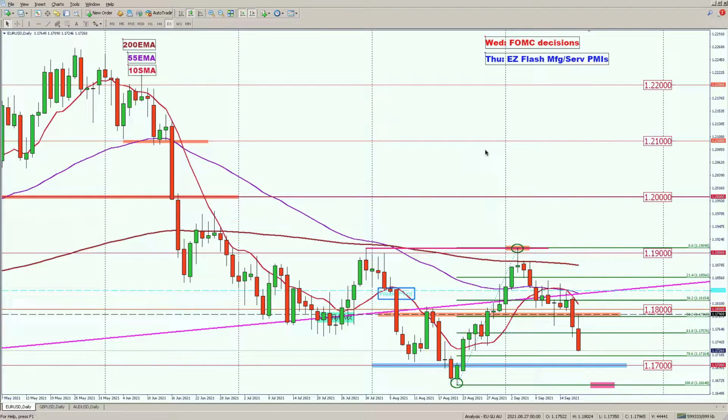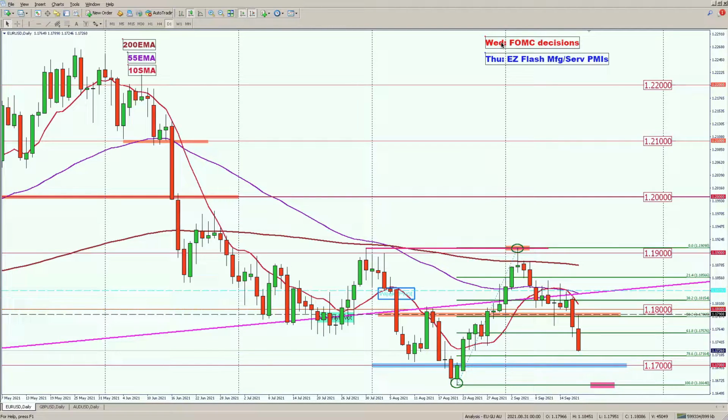Right, last week there wasn't much Euro news, but this week the key one is from the FOMC. The Federal Reserve will make their policy decisions, and whether to define or determine the date of the start of the tapering.